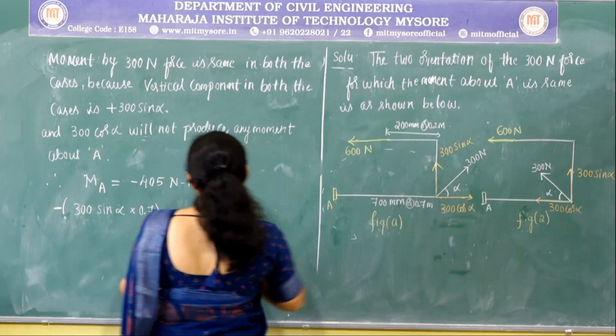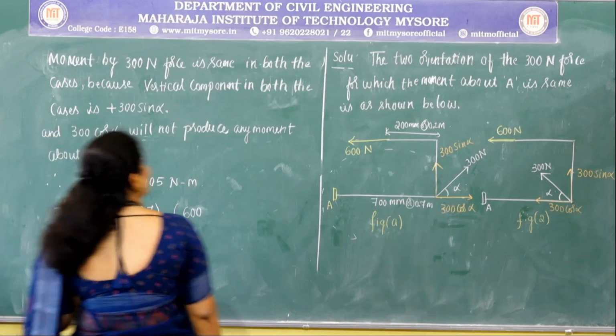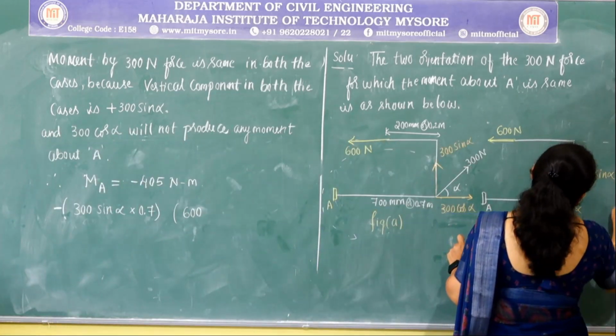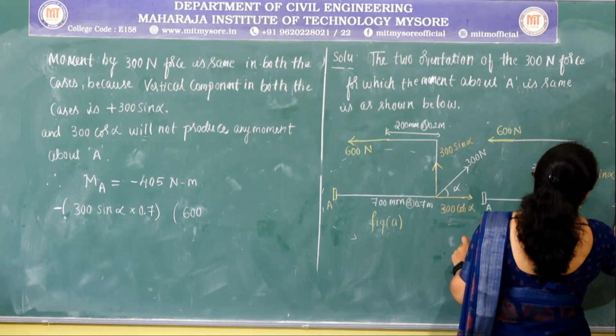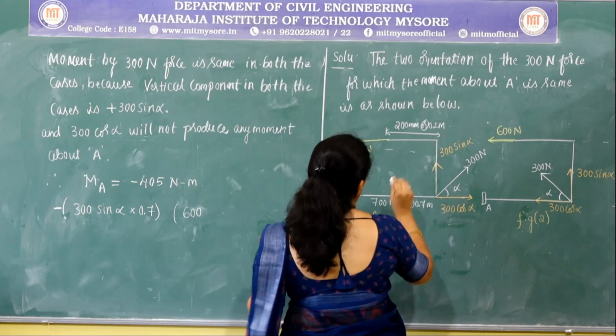Now consider this 600 Newton force. What is the perpendicular distance? The distance given is 500 mm. On converting, this is 0.5 meters.